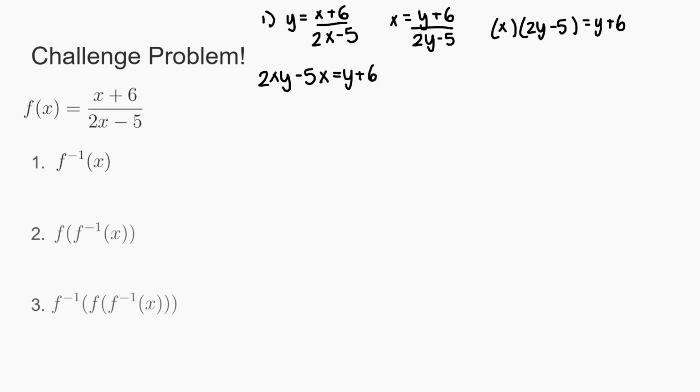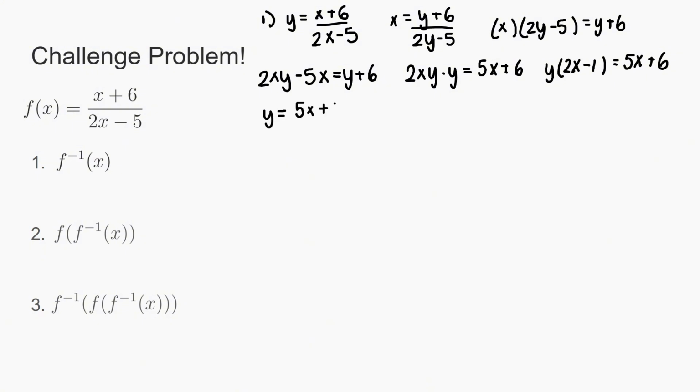Move this y to the left and move the negative 5x to the right, and we get 2xy minus y equals 5x plus 6. Let's isolate this y. We do y times 2x minus 1 equals 5x plus 6. So we get y equals 5x plus 6 divided by 2x minus 1.